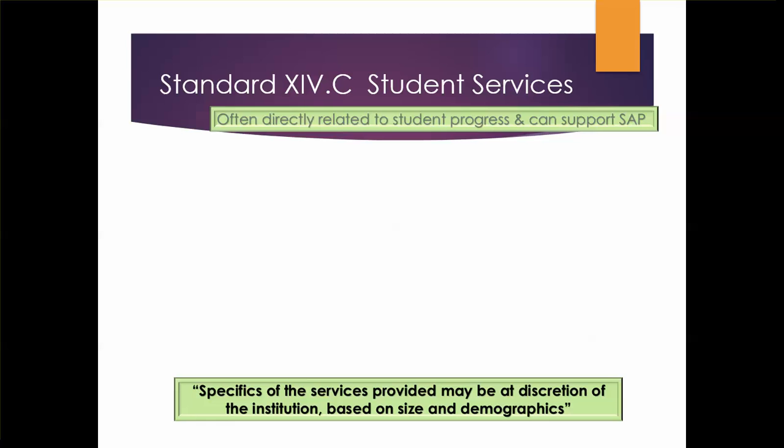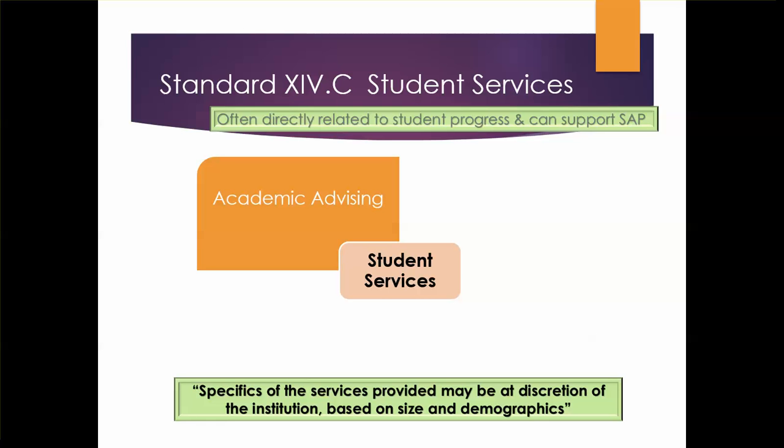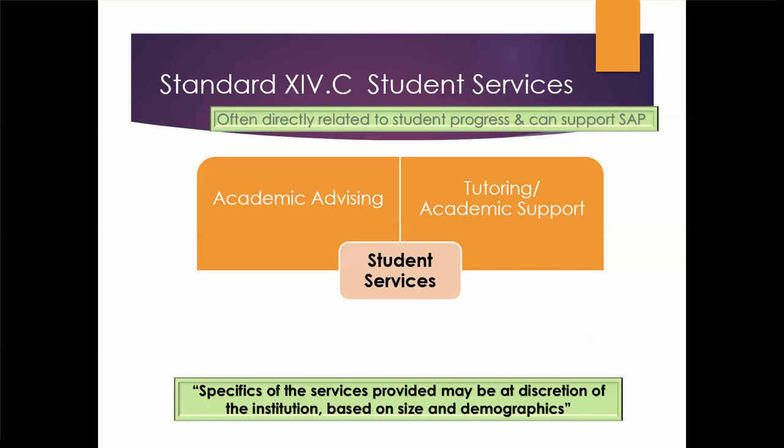In fact, the language of the standard says that these services include, but are not limited to, some sort of academic advising, so that you're assisting students in their classes, or a tutoring academic support. That does not have to be free, it does not always have to be provided, but you need to be considering how you're going to help students, particularly those that are struggling.